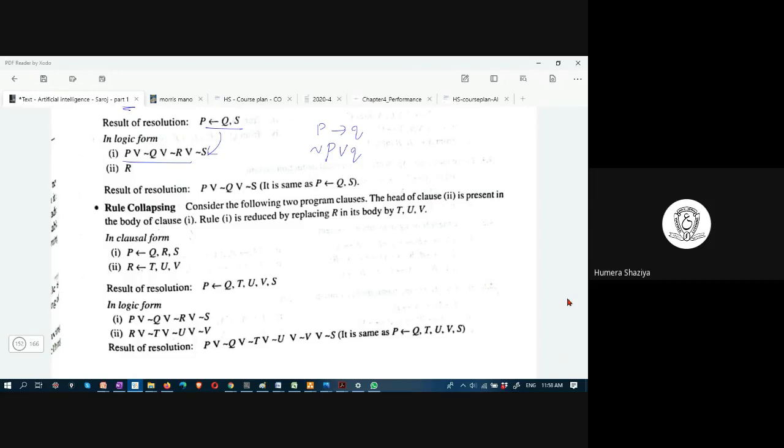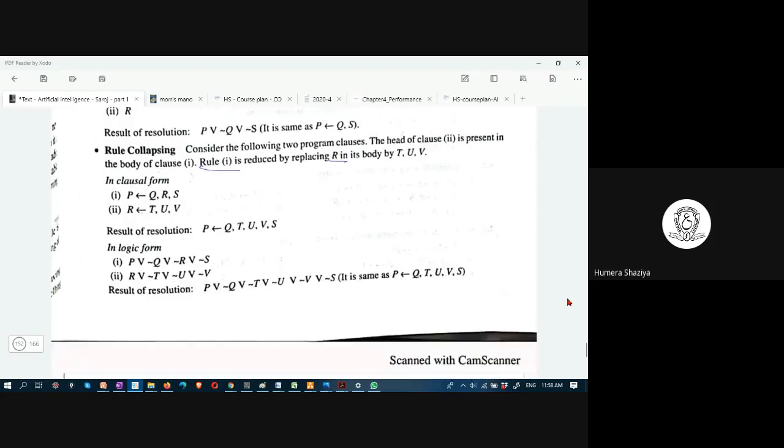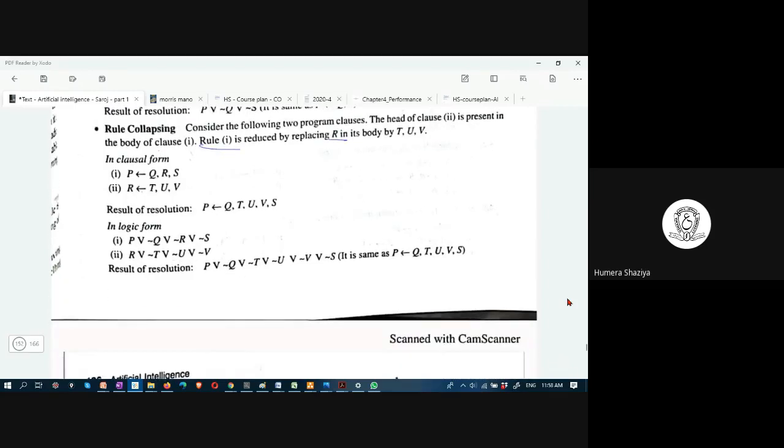Rule collapsing. Rule R would be replaced by R in its body. When both are common, they get replaced. So this is clausal form: P implied by QRS, R implied by TUV, and the result of resolution is P implied by QTUVS.